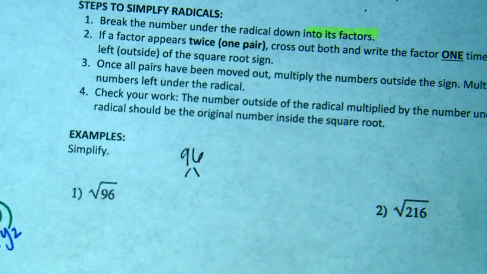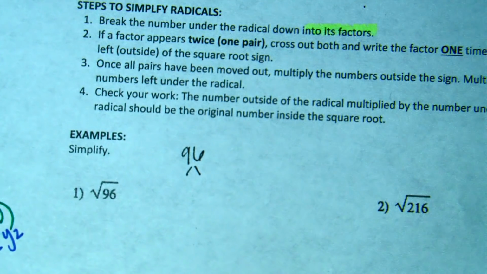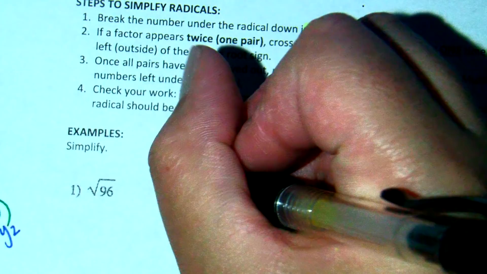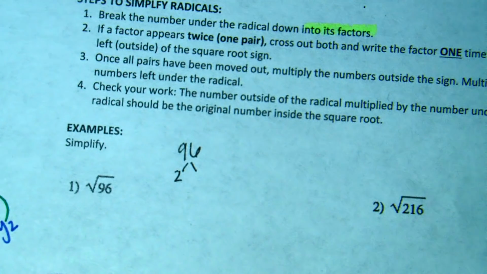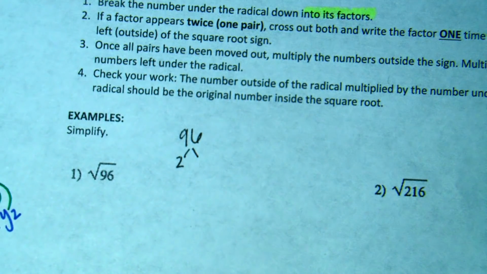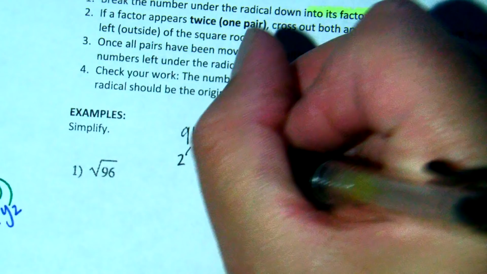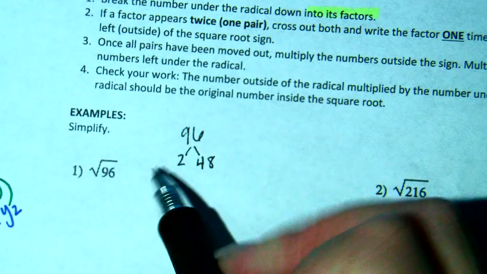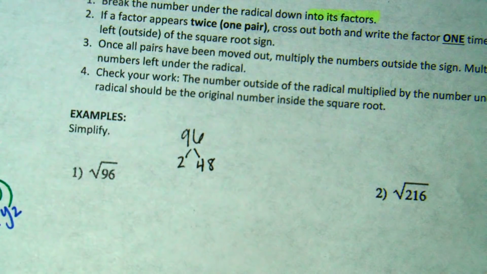The first thing I notice about the number 96 is that it's even, so I know that the number 2 is going to be able to go into that. So 96 divided by 2 gives me 48. I can't break the number 2 down any farther than 2.